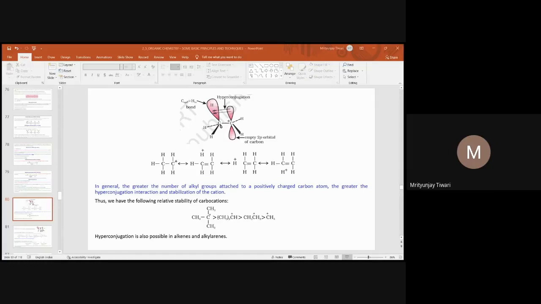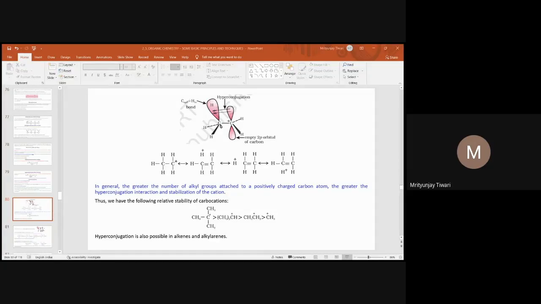This relative stability we also see because of the plus I effect. This group shows a plus I effect, which somehow decreases the electron density here, for all three groups. Apart from this, as I said, it also gets help from the hyperconjugative structures, and the number of hyperconjugation structures will be maximum in this case because three CH3 groups are attached to this carbocationic center.